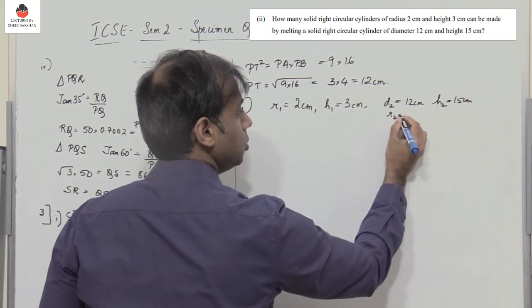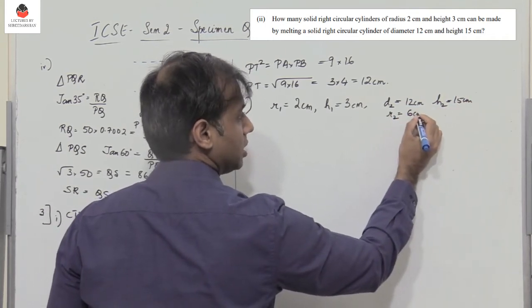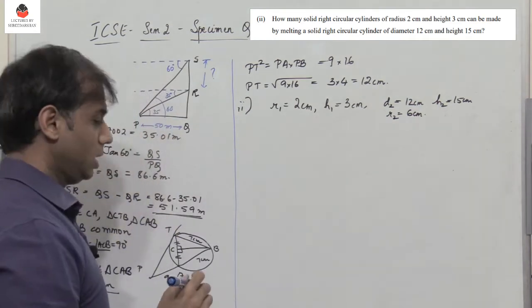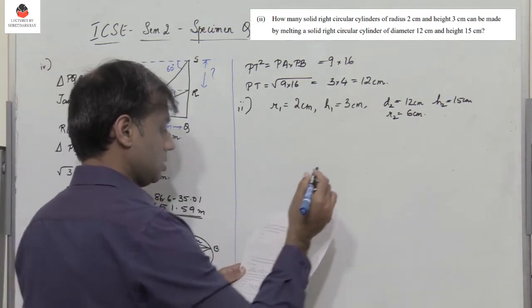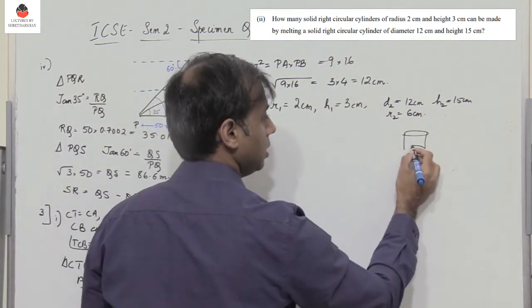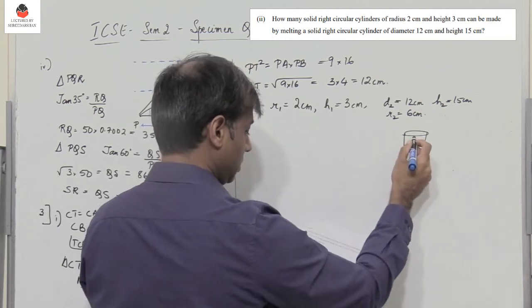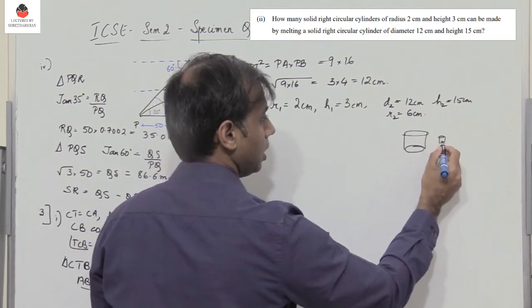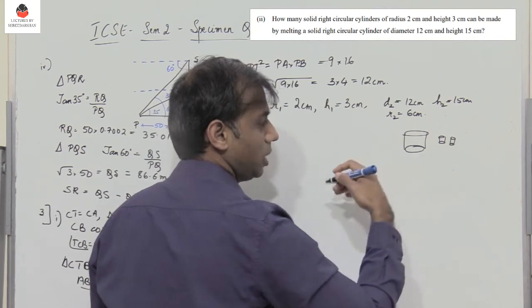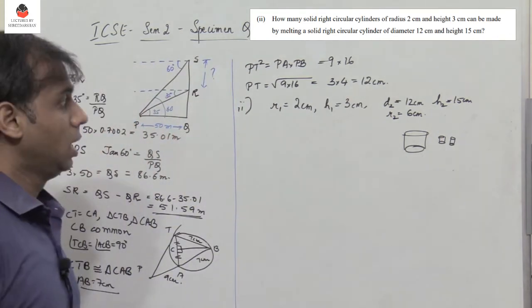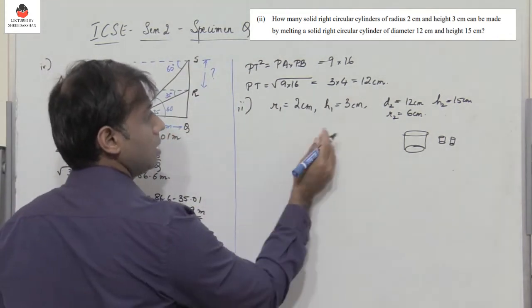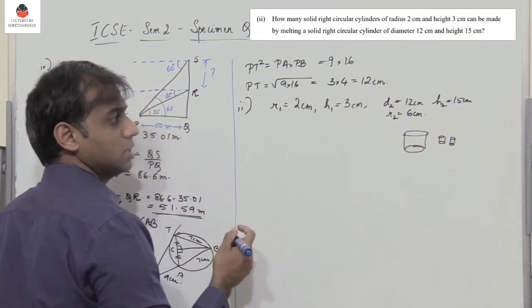So what is R2? 12 by 2, which is 6 centimeters. Right? So you have a right circular cylinder. So a big cylinder is actually melted, and you are making smaller cylinders. So we would like to know how many of them can be made. Right? So what is the volume of the cylinder? It is pi r square h.